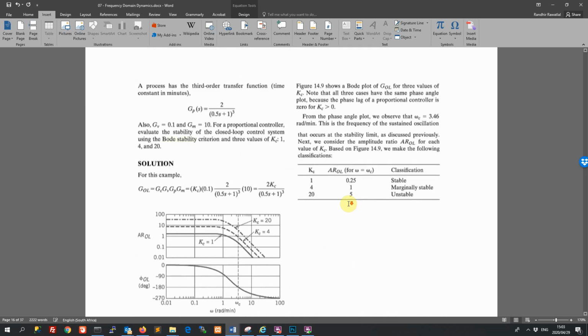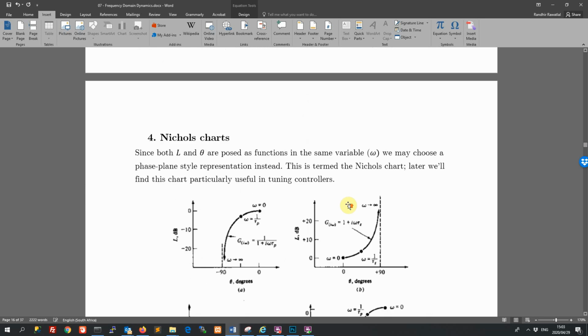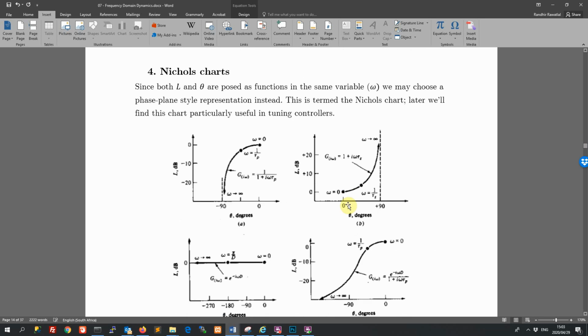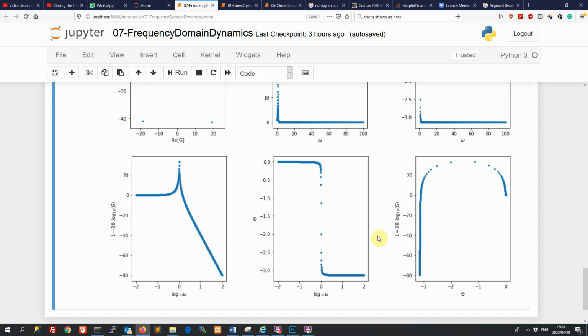Okay, I guess we get to margins just now. So anyway, that's adding together transfer functions. Then on Nichols charts, we have already seen this. That was the 6th little subplot we had here. So instead of plotting as a function of log omega, if we took L and plotted it against theta, then we could plot this.